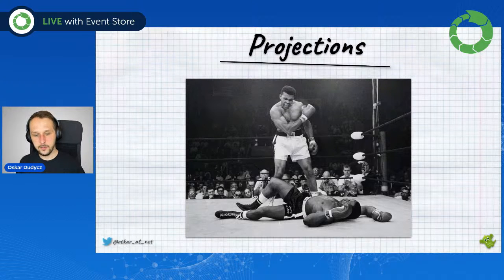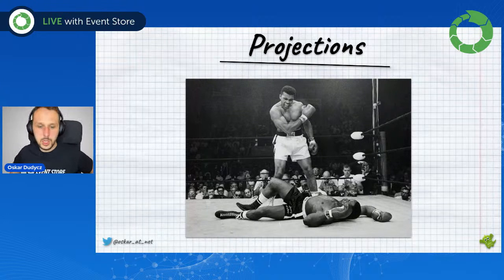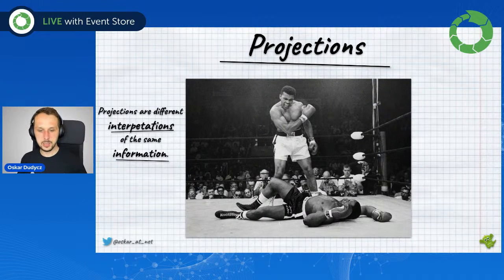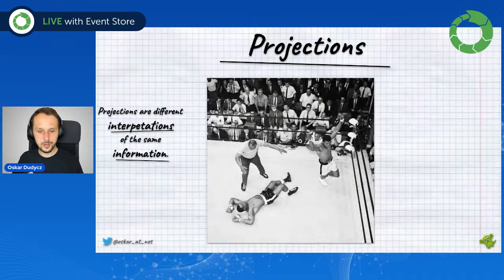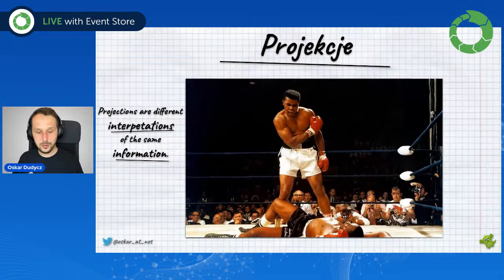So for that case, we can use the projection pattern. What's a projection? Projections are just different interpretations of the same information, the same fact, the same set of events. As I mentioned, this fight between Muhammad Ali and Sonny Liston is interpreted totally differently by each of the boxing fans. Even here, as you can see, those are different pictures showing the same fight from totally different perspectives.